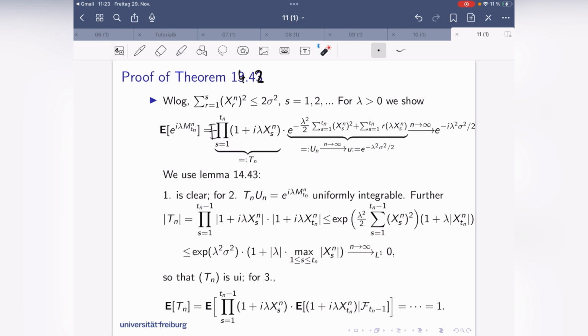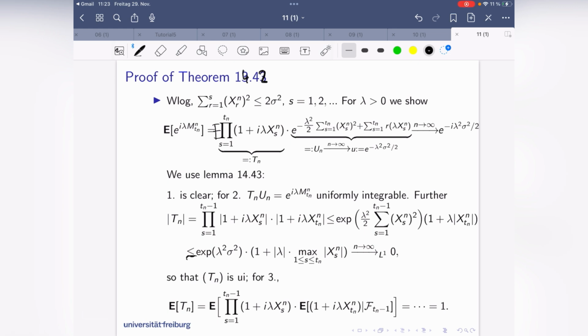Well, I can write it like this by pulling out here the last term. Then we had that 1 plus i times something is less or equal than this here, times, yeah, I just write that down. That is essentially, well, maybe there is a constant which I would need, goes to lambda square sigma square.